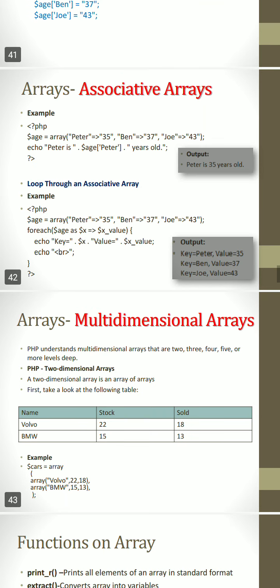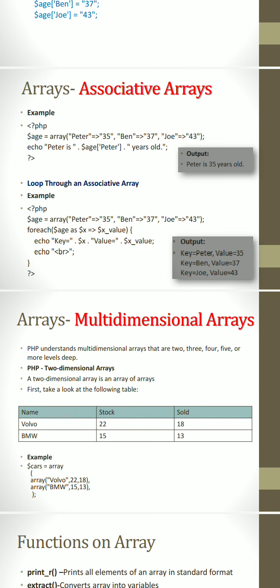Next, by using a loop. Here we have used the foreach loop. See, starting with the PHP tag, we have taken the $age array, and then foreach ($age as $x => $x_value). Inside the brackets, in the echo message we have given Key = $x.